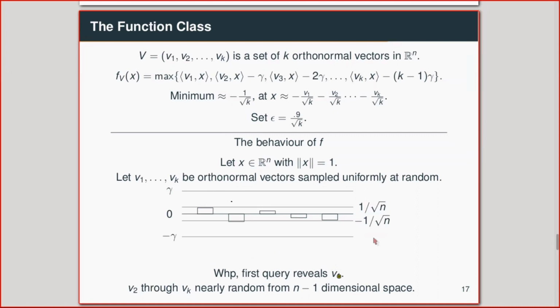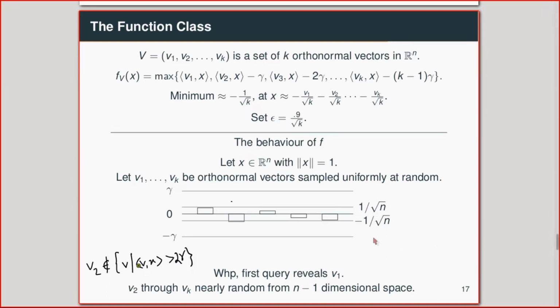So we've gotten v1. We know that v2 through vk have to be orthogonal to v1. But we know slightly more than that. We know, for instance, that v2 does not belong to the set of vectors such that v inner product x was greater than, say, 2 gamma.